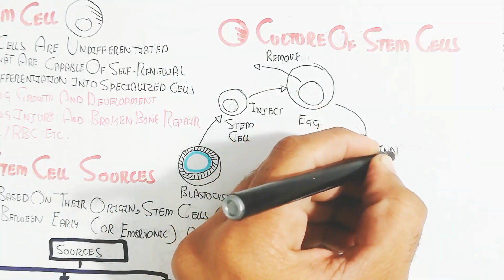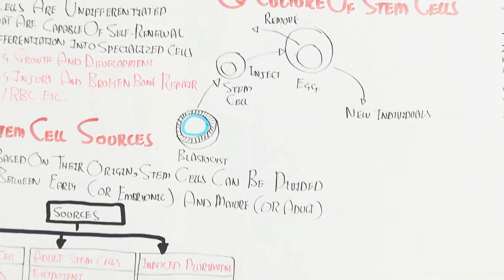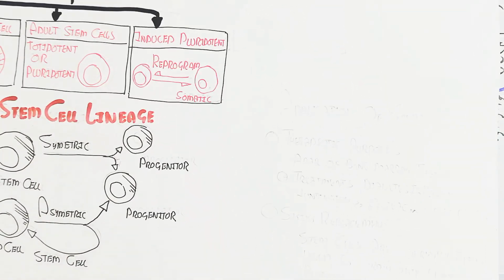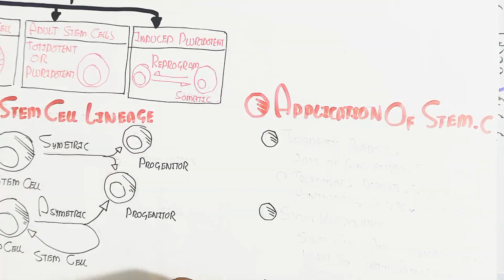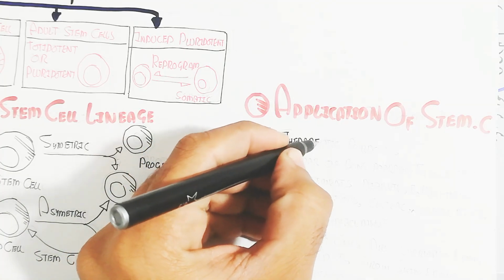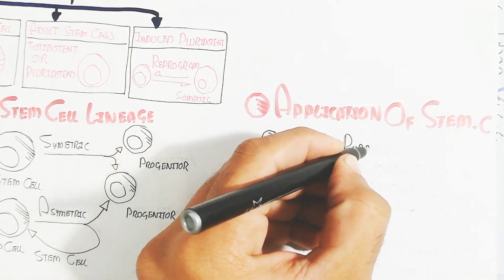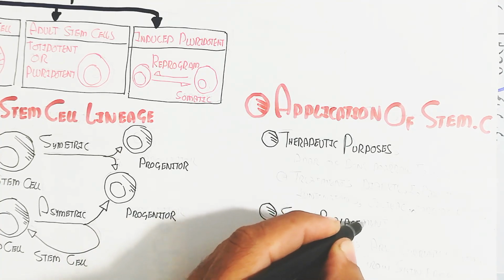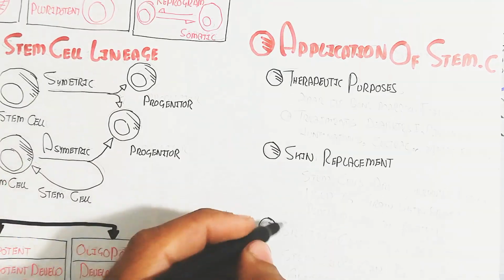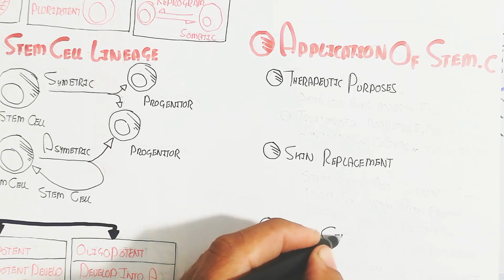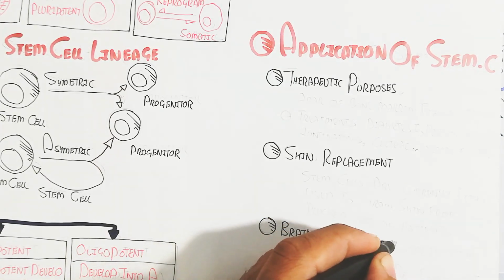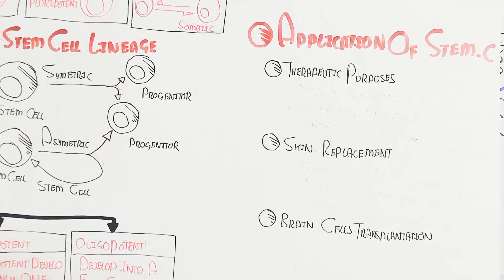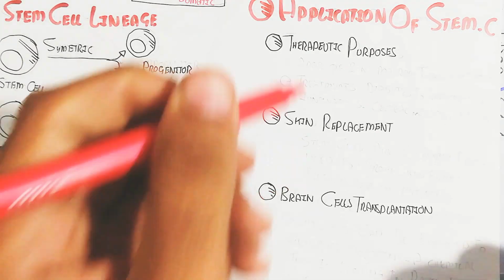After the removal, the activated genes will be inserted into the egg. After inserting into the egg, more than one individual is produced, which are identical, so a new individual.